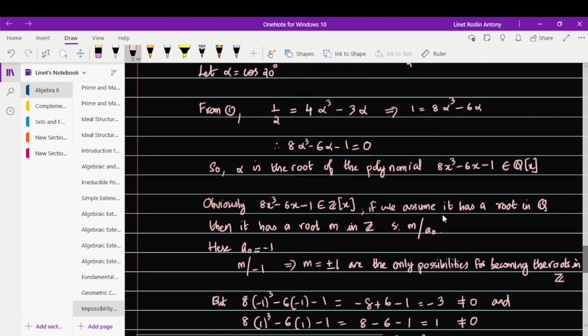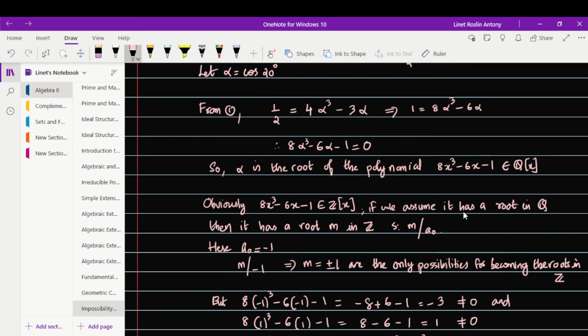And if we assume that this polynomial has a root inside Q, then by a theorem we use to find the reducibility and irreducibility, we know that if we assume that there is a root for this polynomial in Q, then this polynomial has a root m in Z such that this m divides a0, and we have a0 to be equal to minus 1 here.